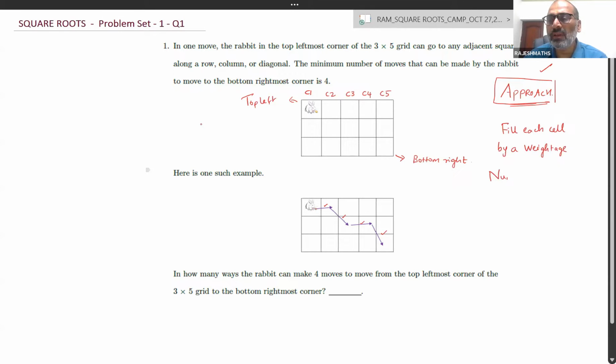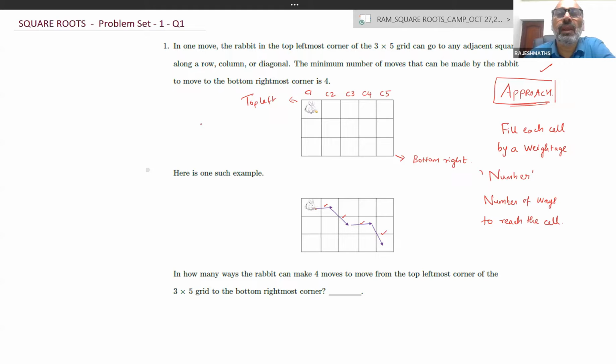The number of ways to reach the cell in this process.